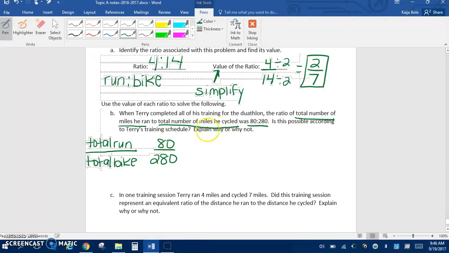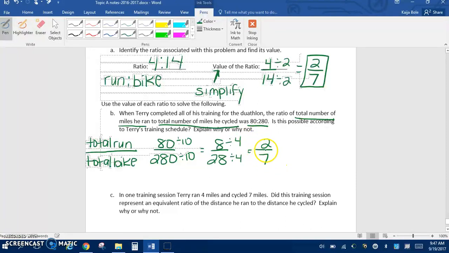So now we need to simplify, right? We have to find the value. So they both end in a 0, so we can divide them both by 10. So that means we would get 8 over 28. And then we can divide both of those by 4. So then we would get 2 over 7.